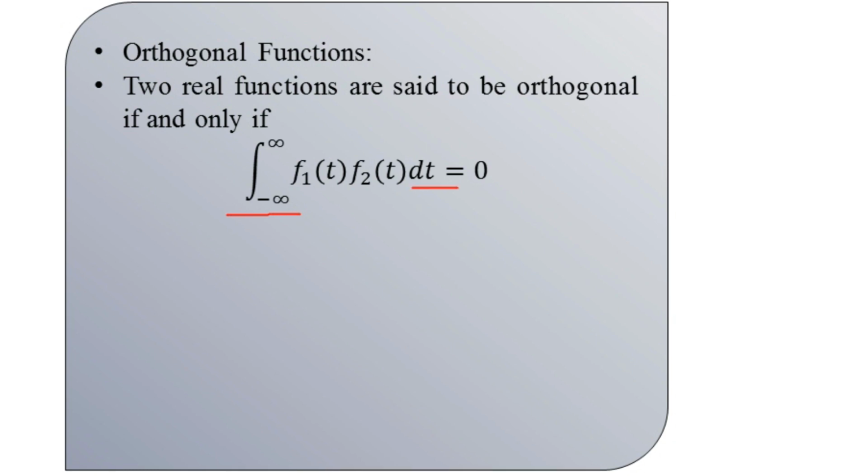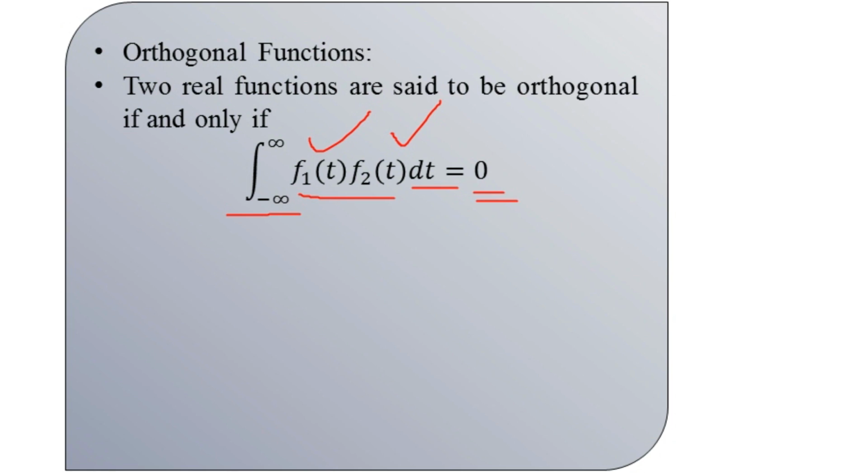The integration extends from minus infinity to plus infinity, and this is for the multiplication of f1 of t and f2 of t, and it is expected to have the result equal to 0. If the result of the integration of the multiplication of these two functions f1 of t and f2 of t is equal to 0, then by this definition, we can call the two functions f1 of t and f2 of t the orthogonal functions here.